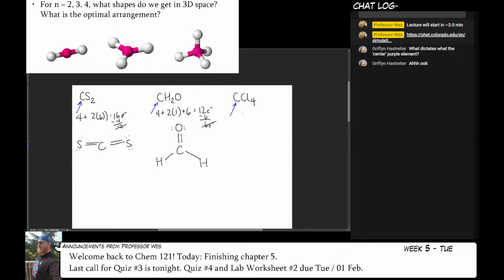And then finally for CCl4 here, I have 7 electrons for each chlorine. There are 4, so that's 28, plus the 4 from carbon is 32. And I'm going to go like this. Oops, I should have probably put the chlorines down first.